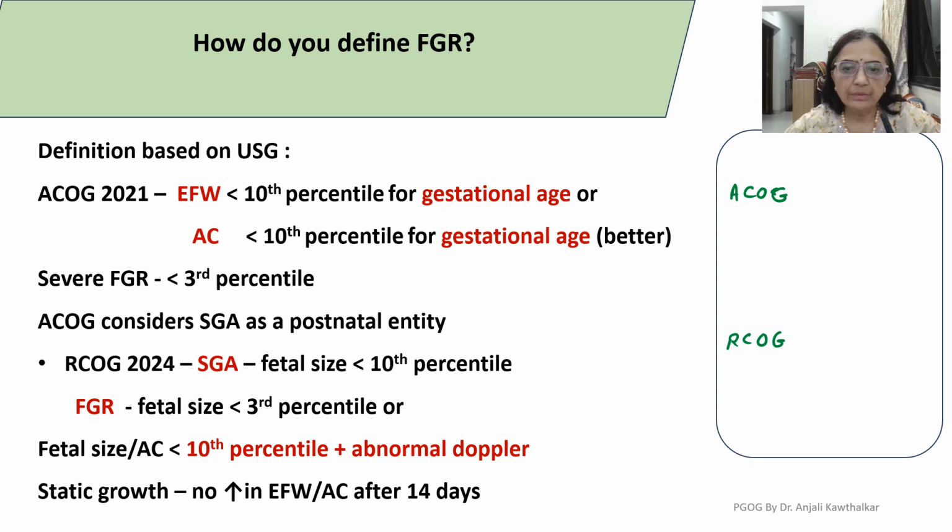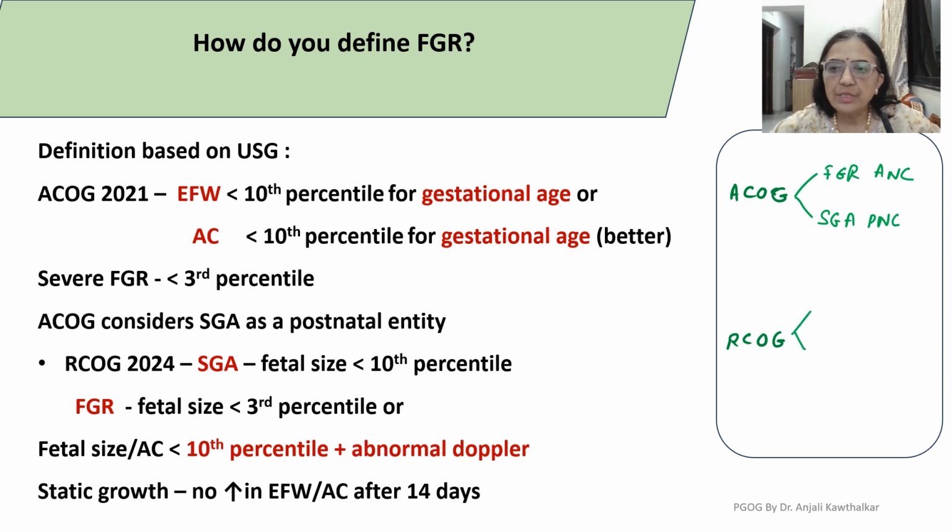So let us, in short, write it over here. What ACOG is giving us is that the terminology used is fetal growth restriction antenatally, whereas small for gestational age is for postnatally, after the delivery.